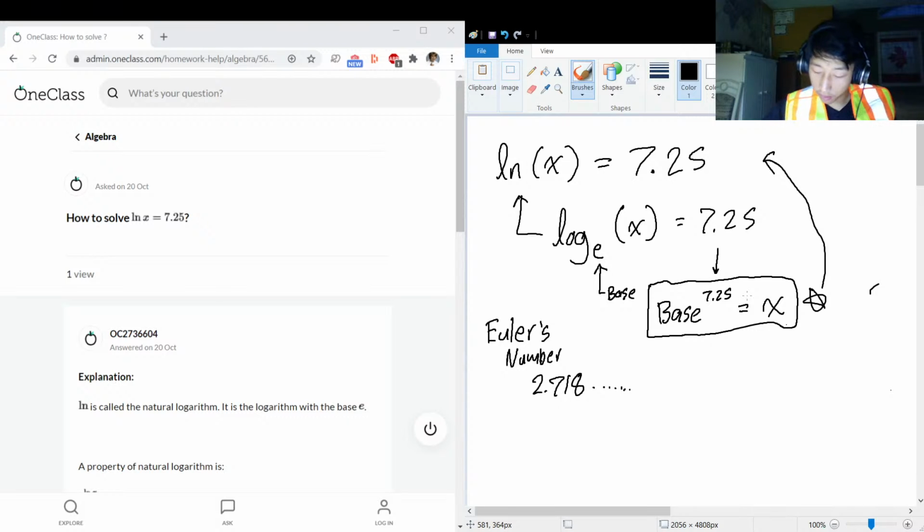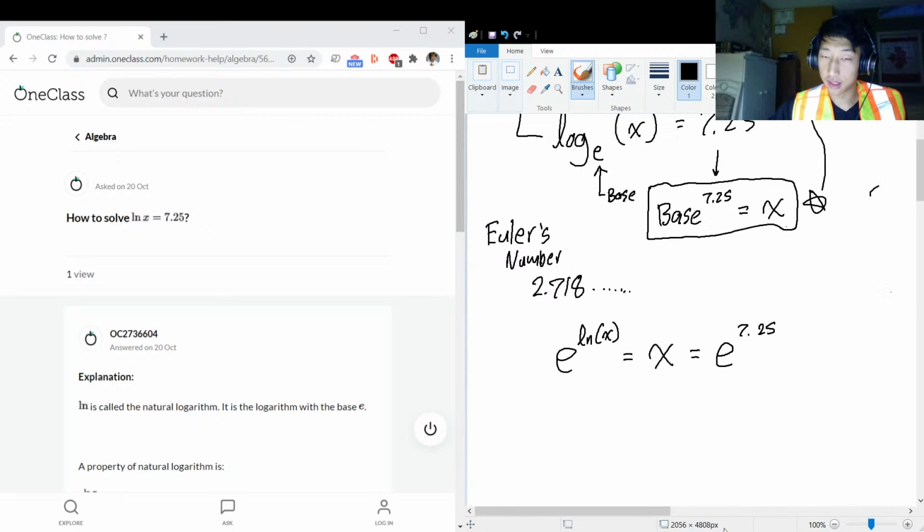So the secret sauce that I want to tell you is that e to the power of ln of x is equal to x, and so e to the power of ln x, that's just the left side becoming the power of e. So we have to do the same thing to the right side. So e is going to be the base to the power of 7.25. And that's what x is.